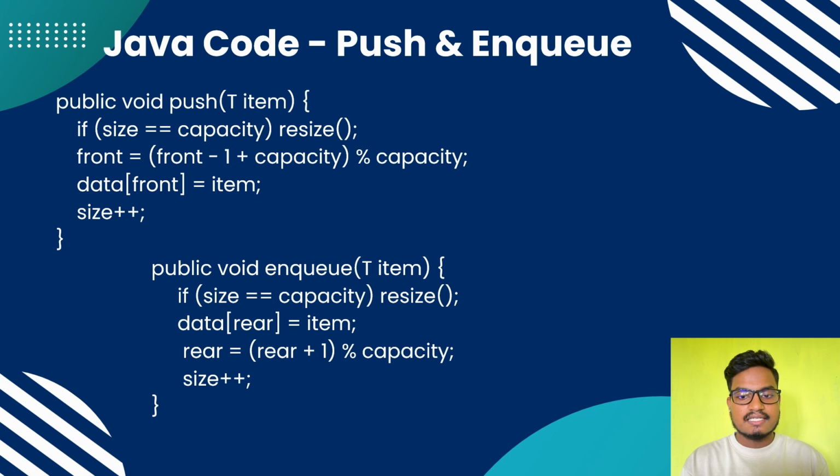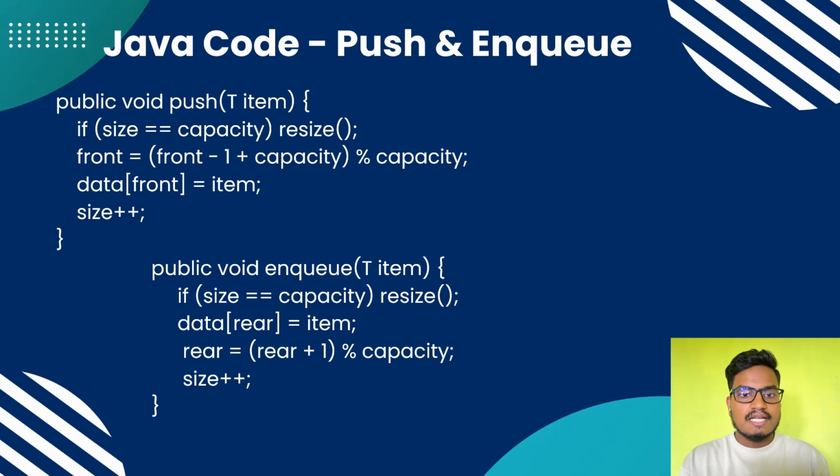If it's at index 0, we need to wrap around to the last index using modular arithmetic: front minus 1 plus capacity. Then we store the new item at the new front, and finally we increment the size. So this operation adds new elements to the front like a stack, but uses a circular structure to avoid shifting.